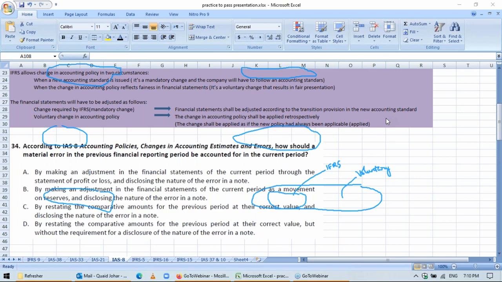Please read the question and suggest an answer. I'll be giving you the answer in a minute's time. So it is according to the above rules only.